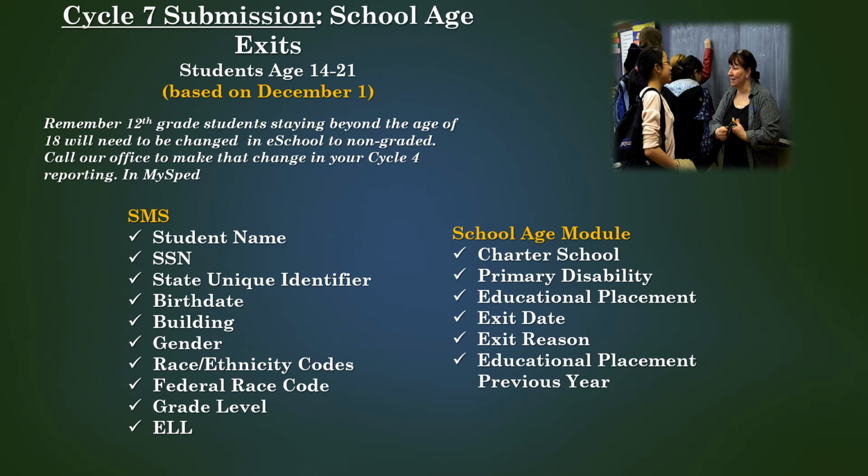And these also are the following fields that are pulled from the school age module: the student's name, social, unique identifier, birth date, building, gender, race, federal race code, grade level, ELL, charter school, primary disability, educational placement, exit date, reason for exit date, educational placement of the previous year.